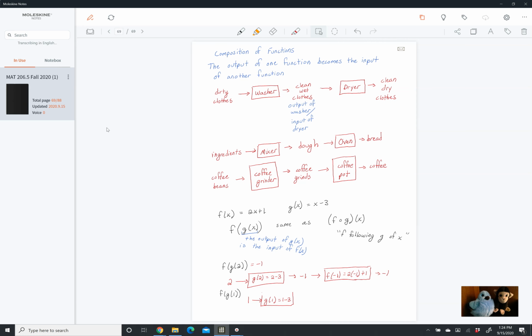Now negative 2 is going to go into f. And what comes out of that? -3. So that means that f of g of 1 is equal to -3.